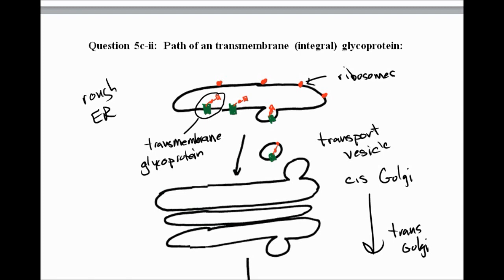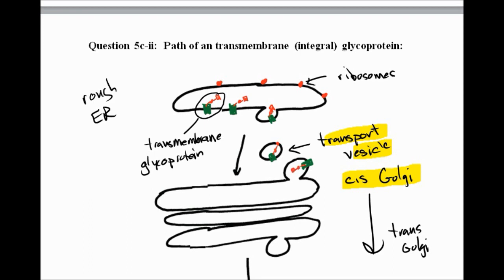And this transport vesicle is going to then fuse with the cis face of the Golgi. When it fuses with the cis face of the Golgi, the carbohydrates are going to be facing the interior.